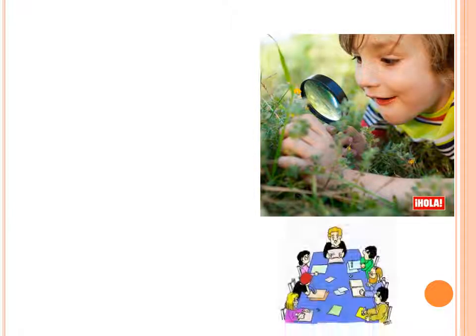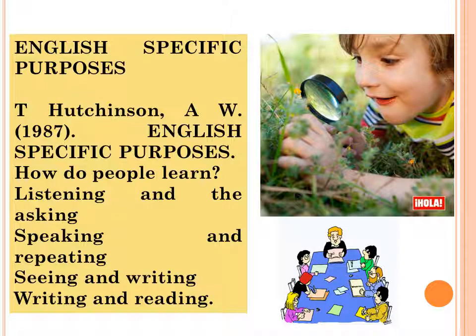On the other hand, it's very important to highlight that Heath and Chisholm in 1987 proposed very specifically: how do people learn? People learn in different ways, for example, listening, speaking, asking, repeating, seeing, writing and reading.